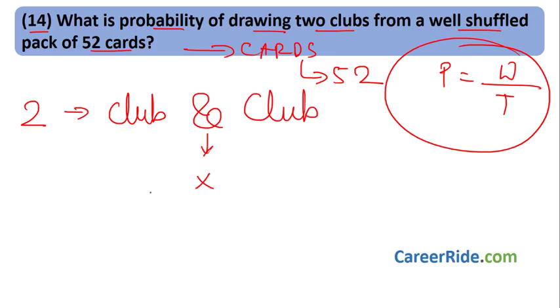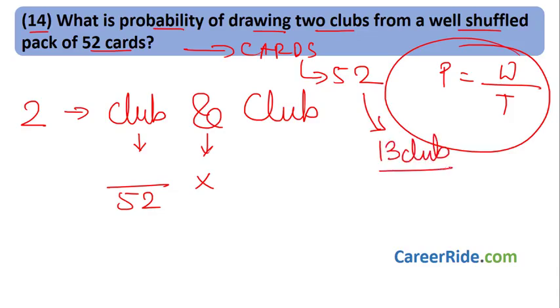And means multiplication. Taking the first club card, total possibilities 52. How many club cards are there in this pack of 52? There are always 13 club cards, right? So I want club, total possibilities for club are 13. I take the club card, keep it in my hand, I do not replace it. Now I want to pick the second club card.